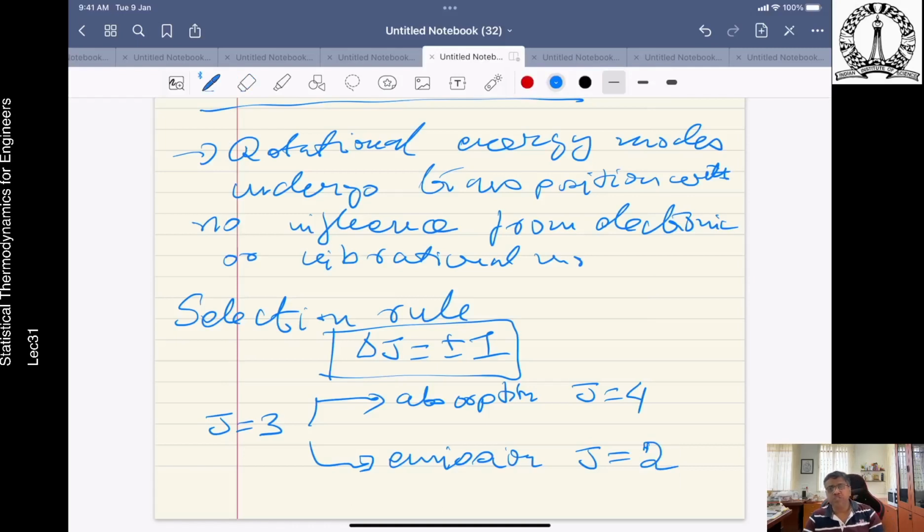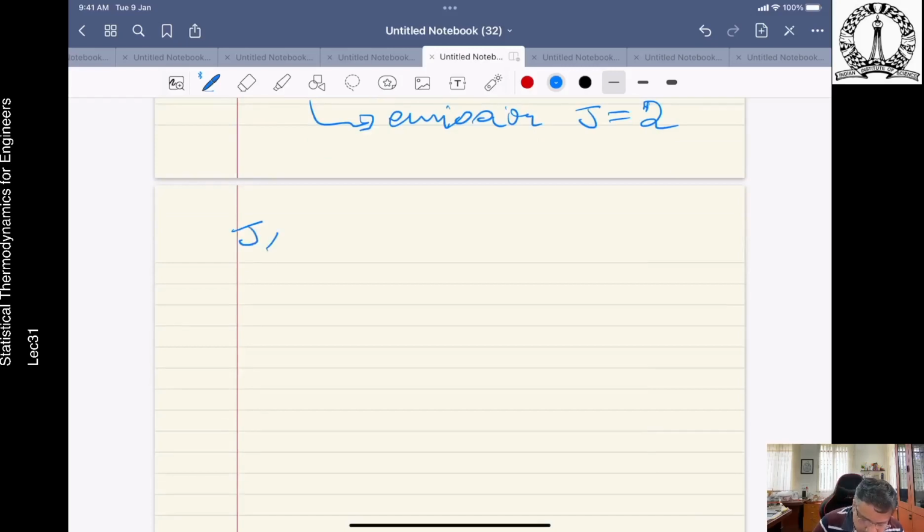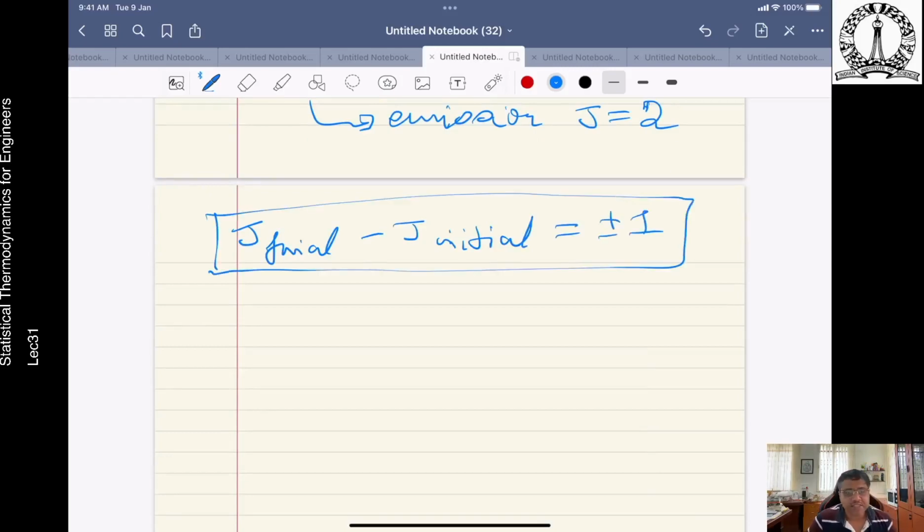So these are the only two modes that are possible, right? Because J final minus J initial is plus 1 or minus 1. That's the rule.